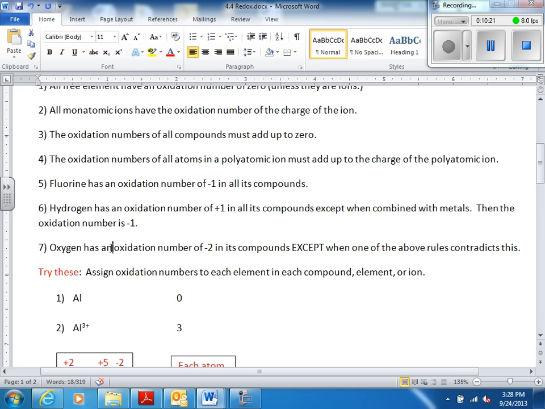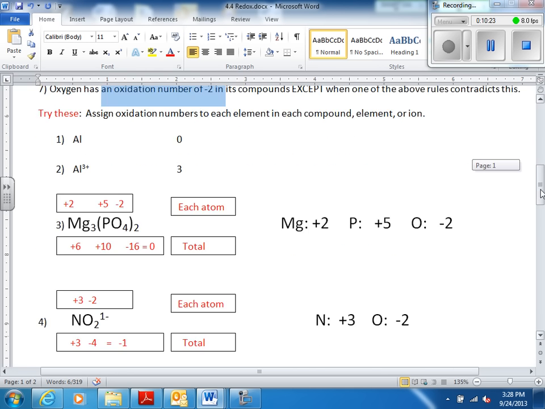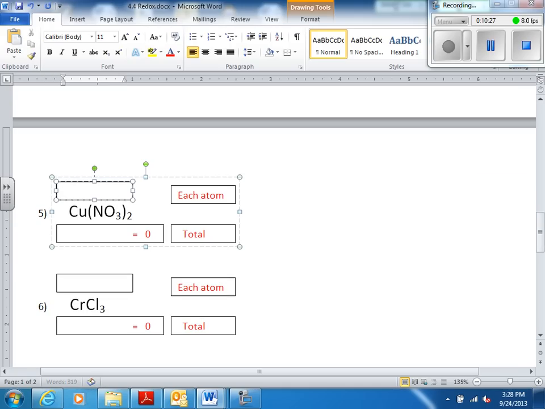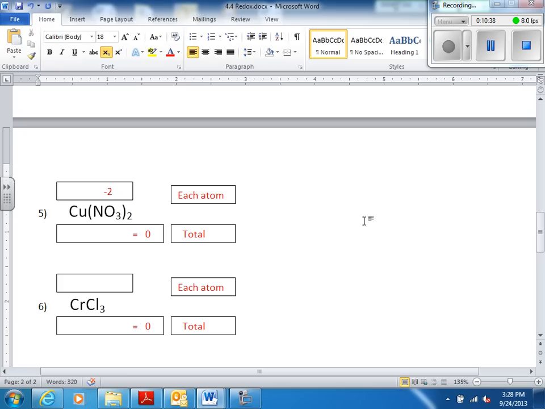Oh, oxygen, here we go. There's some oxygen in there. Well, we can at least assign that one. Let's assign our oxygen. We know that the oxygen is -2. Okay, now, tricky way to do this is we know nitrates by themselves are -1, and we have 2 nitrates.